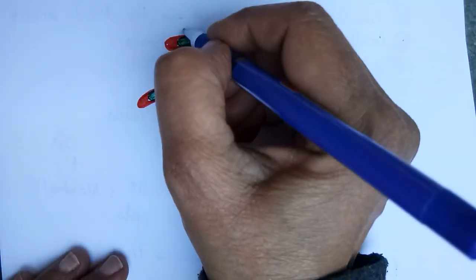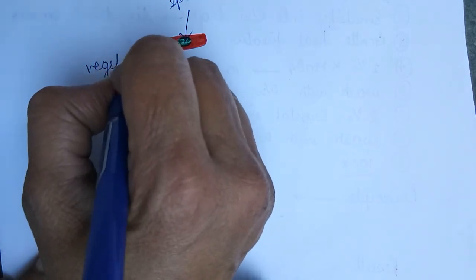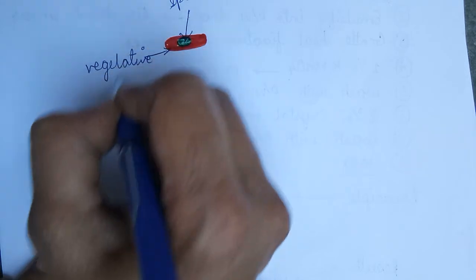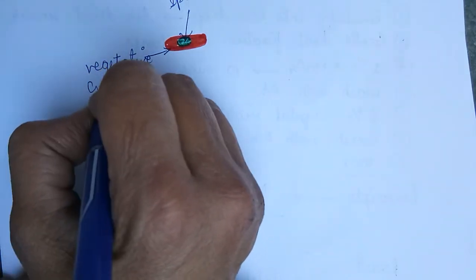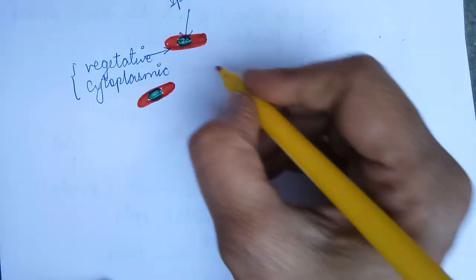So we can see that this is our spore and this is our vegetative portion, or cytoplasmic portion. It will always be red in color and the spores will be green in color.